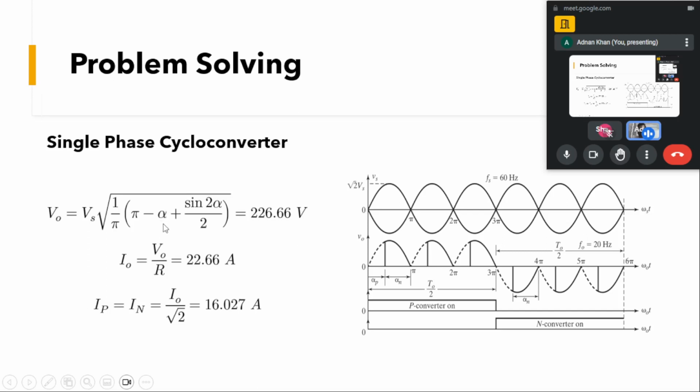Here alpha is the triggering angle, and Vs is given to us as 230 volts, and alpha is 30 degrees. If you put the values here, it comes out to be 226.66 volts. This will be our RMS voltage.